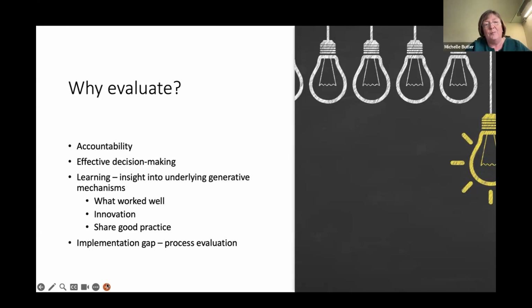So you will want to know what worked well. If you have in particular innovative pieces, you'll want to know how they contribute. And also you might want to share a good practice. So, very often someone is showing real progress in an area and others will want to know what it was that helped them to get to that point. We also need to be sure that we are implementing what we said we would. So the implementation piece is important too.